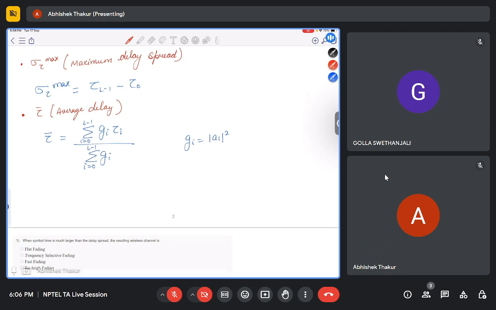Now the third one we studied was the root mean squared, RMS, delay.